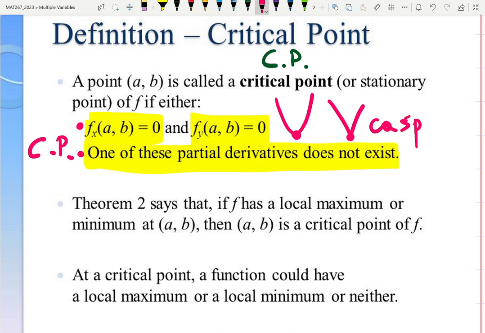At the critical point, a function could have a local minimum, a local maximum, or neither. So it's a potential candidate for the max or min, but it's not necessary that we will have anything there. Basically, almost the same thing we had before, but now we will use partial derivatives.